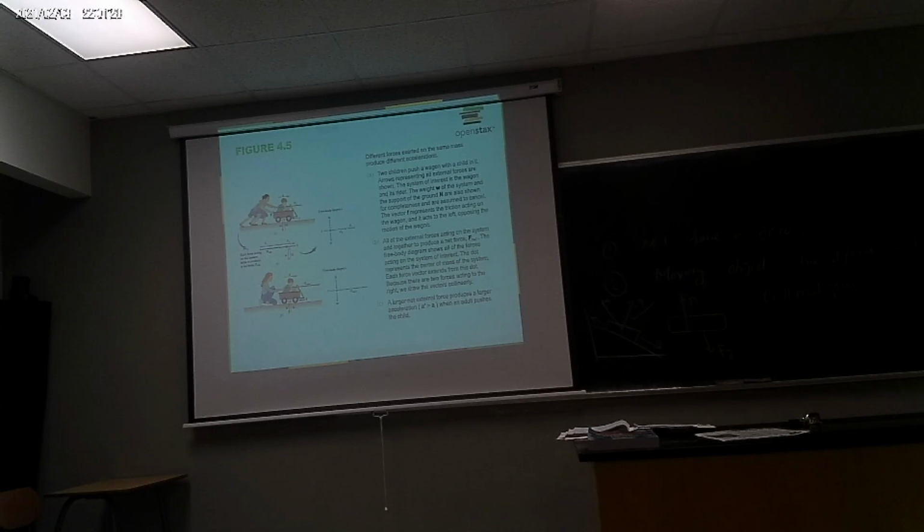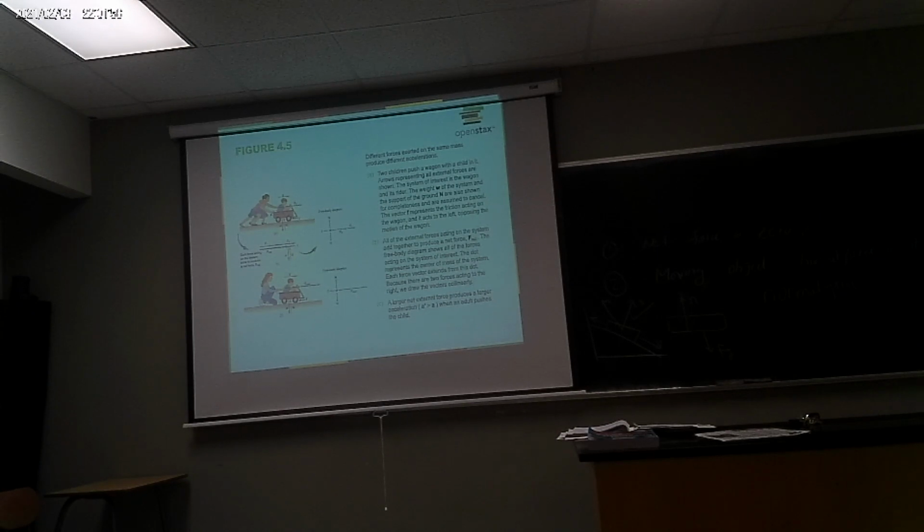Now this is a picture from your book. Two people pushing on a child in the cart, and this picture is in fact for putting the forces together and drawing a free body diagram, leading you to the point where forces are responsible for the motion.